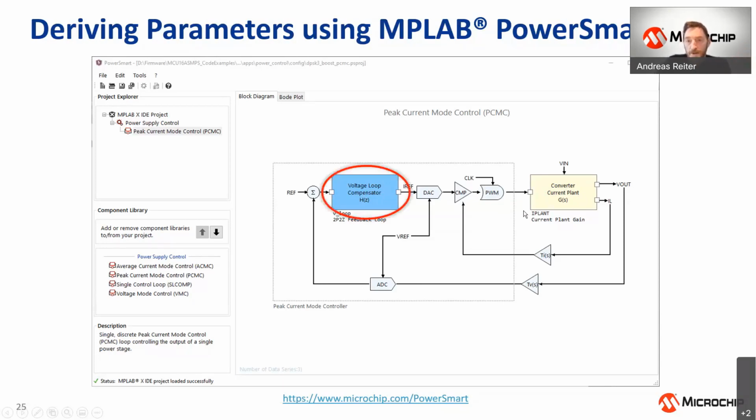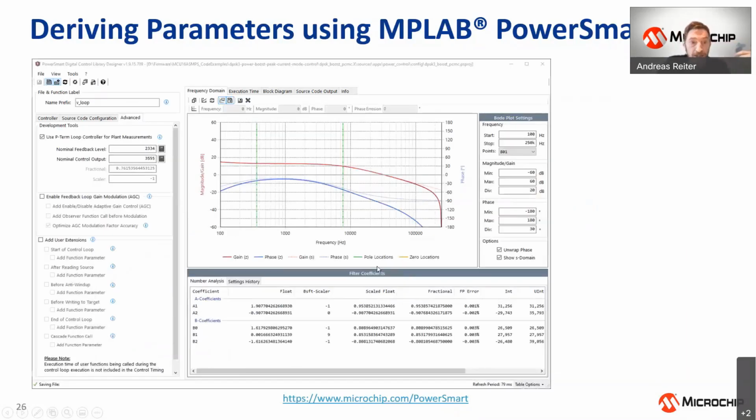When we are trying to set up a loop like this, that tool also supports direct configuration without having to go through the cumbersome work of working out the numbers on your own. In the configuration of this loop controller, you can enable the so-called P-term loop for plant measurements. This is the unity gain loop. And then you have fields for the feedback level and the control output level.